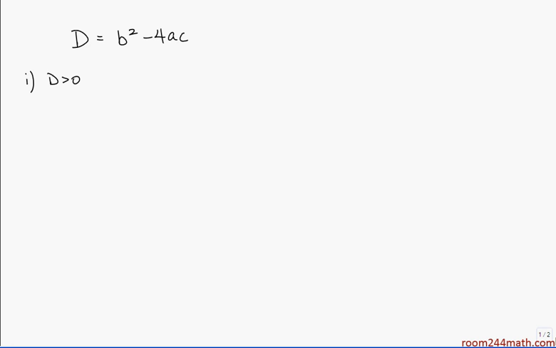So, for example, let's consider the quadratic equation x squared plus x minus 1 equal to 0. What's the discriminant there? Well, the discriminant is b squared, which is 1 squared, minus 4 times 1 times negative 1. So that's 1 plus 4, because when you're subtracting a negative 4, it's like adding 4.